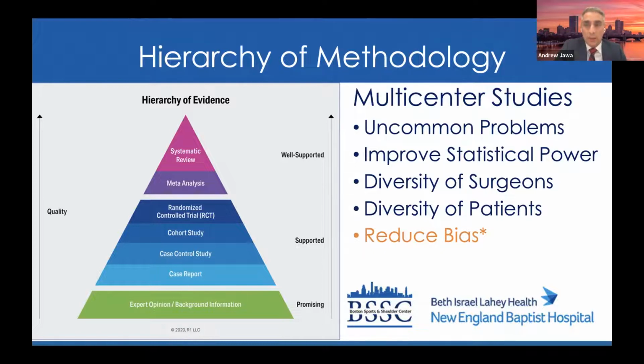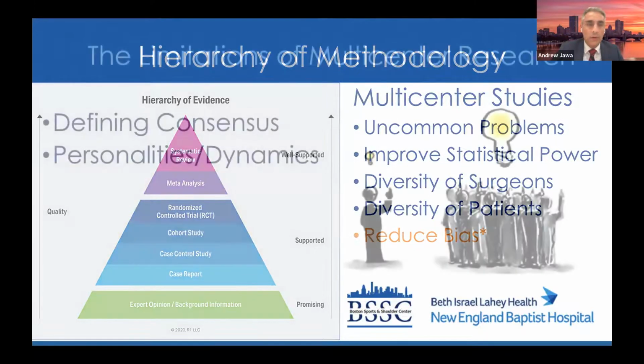It improves our statistical power, but also gives us a diversity of surgeons and how we practice, how we use different implants and how that might affect it, and diversity of patients from different parts of the country. And in theory, it could reduce bias, though sometimes baked into how we collect the data, there could be bias that's hard to decipher.